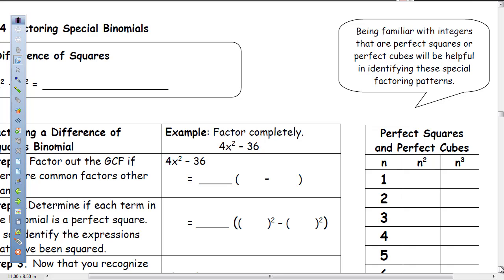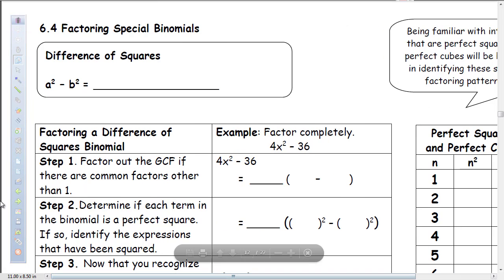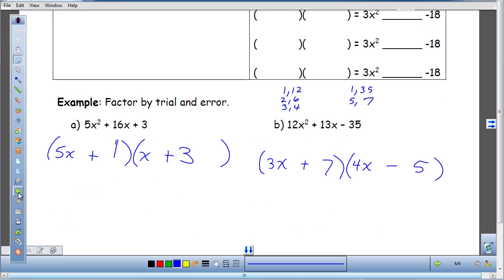I have a question. Yes. The one we just did, the 12x squared plus 13x minus 35, if we were to attempt to solve that one by factoring by grouping, how would we handle that first term, 12x squared? Well, if you were trying to do this by factoring by grouping, we do 12 times 35, right?